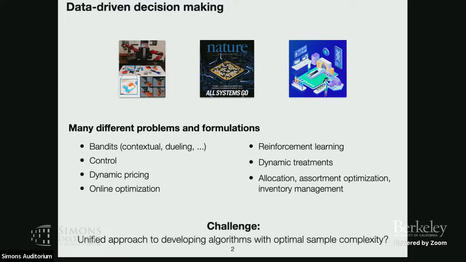So the question we're going to explore in this talk is, given all these different ways of formulating and solving the interactive decision-making problem, can we get a unified approach to designing algorithms and understanding sample complexity and statistical considerations? This way we don't have to start from scratch every time we're faced with a new problem domain.